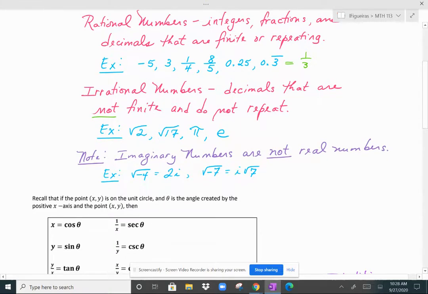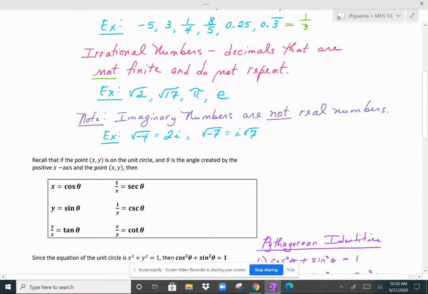So any answers that we get regarding trigonometry will be real numbers. So if you recall, when you're on the unit circle, the point on the circumference of that unit circle is represented by an x and a y with respect to a particular angle.